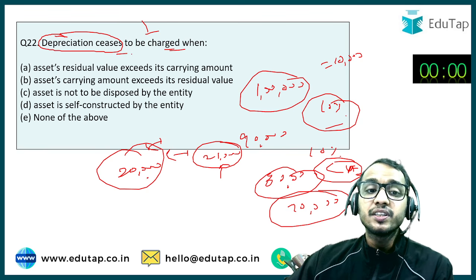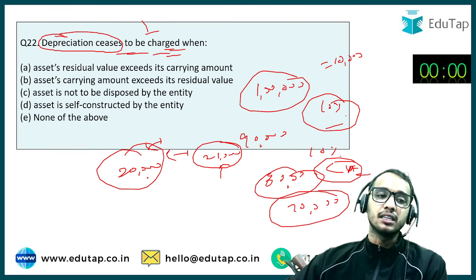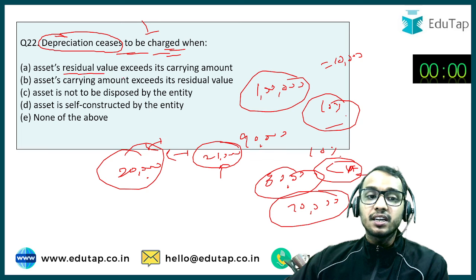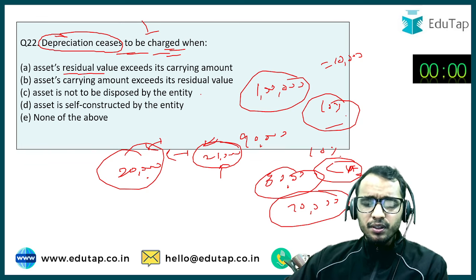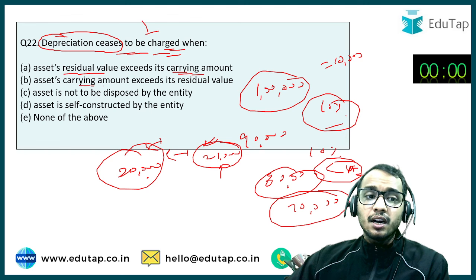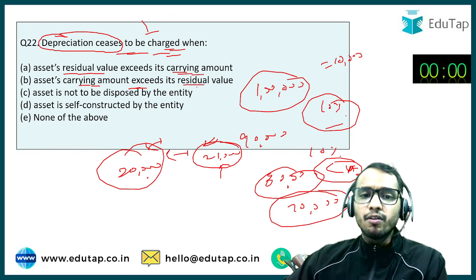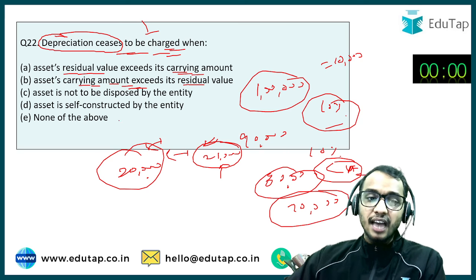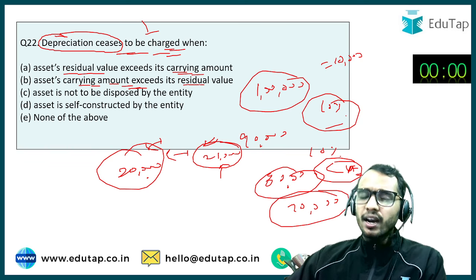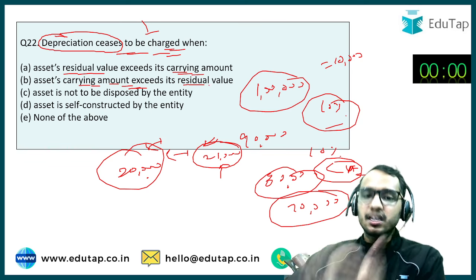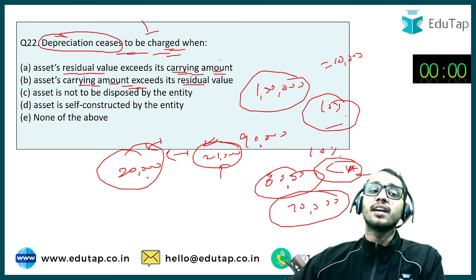So it says depreciation ceases to be charged when asset's residual value exceeds its carrying amount. Asset's carrying amount exceeds its residual value. So when that is the case, when carrying amount is more and residual value is less, then you will charge the depreciation. But in case of first condition, that is in option A, it ceases to exist.